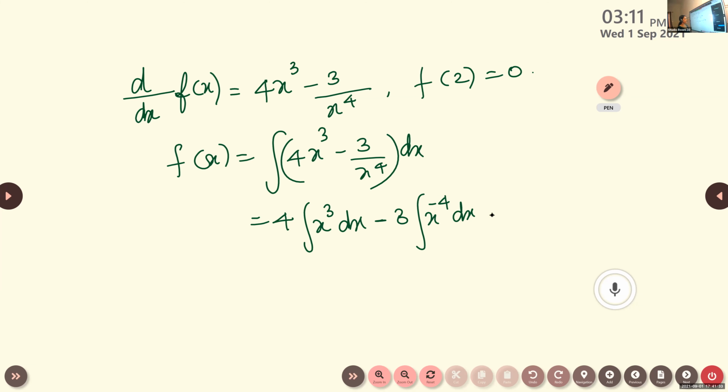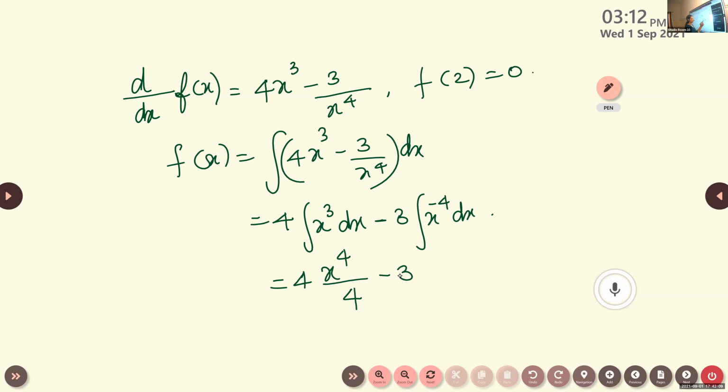So what will be the integral of x cube? It is x raised to 4 by 4. Whenever we integrate, we increase the power by 1 and we divide by that new power.